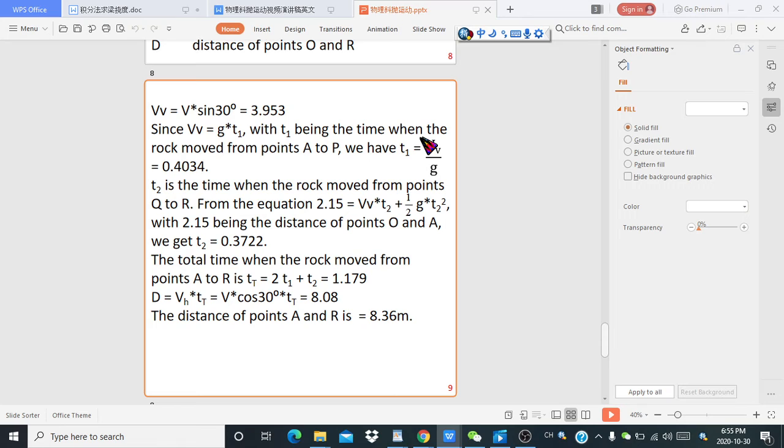T1 is the time for the rock to fly from point A to P. I mean, from the start point A to the parabola vertex P.